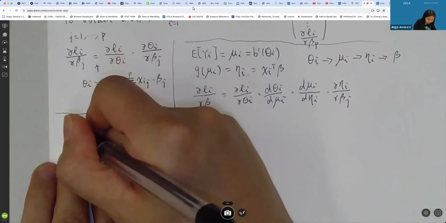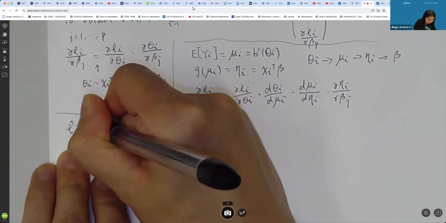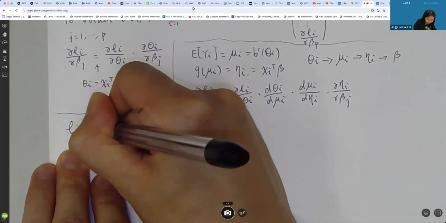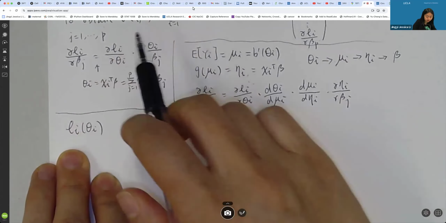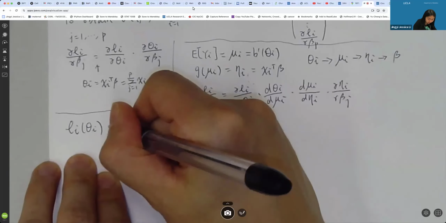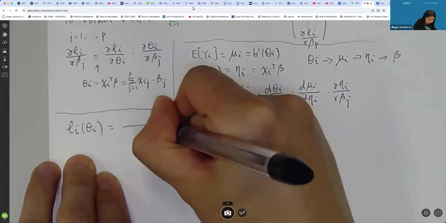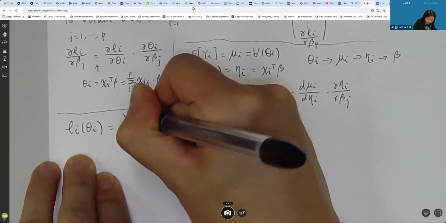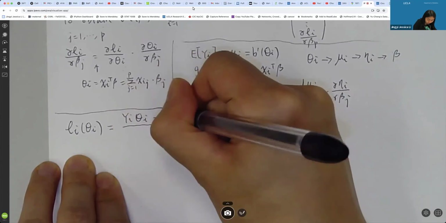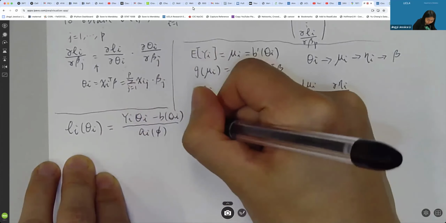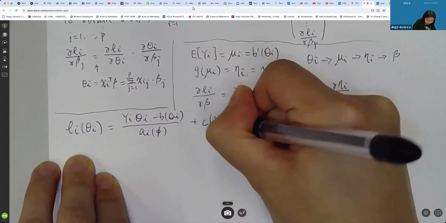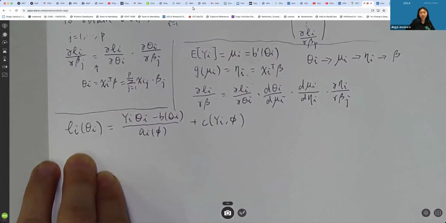So recall that Li, in terms of theta I in the likelihood term, is basically yi theta I minus b theta I, over ai phi, plus c function of yi and phi.